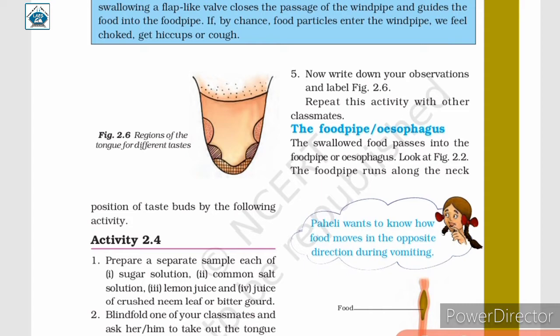After performing this activity, you will be able to conclude that taste buds that detect sweet taste are on the tip of the tongue. Salty taste is detected on the sides of the tongue, and the back side of the tongue detects sour taste. And the posterior region of the tongue detects bitter taste.